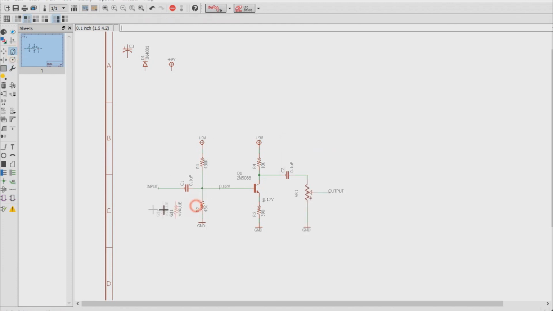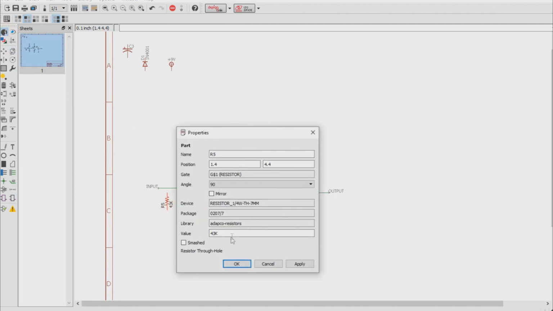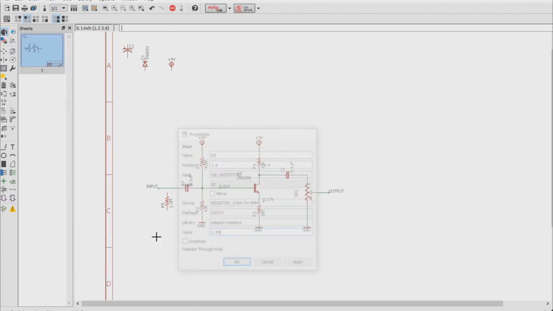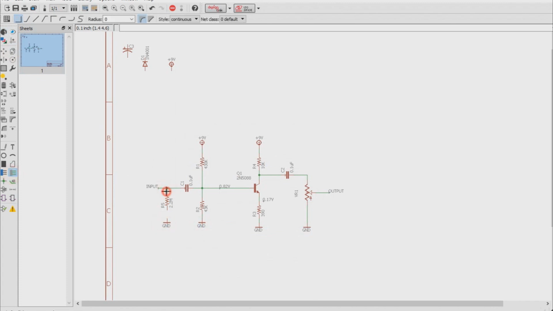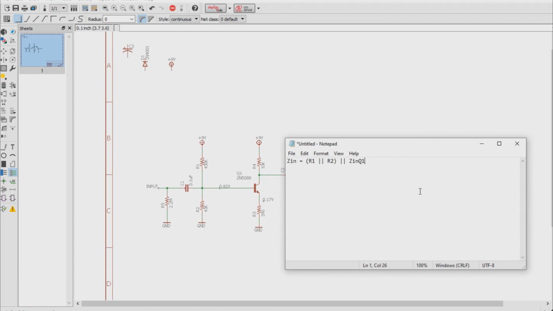One thing I would normally do on a lot of my designs, you'll probably notice this, is I always try to have that anti-pop resistor in there. And let's make it a rather large value, like 2.2 meg. And let's do some calculations there. So that would be that parallel to R5.